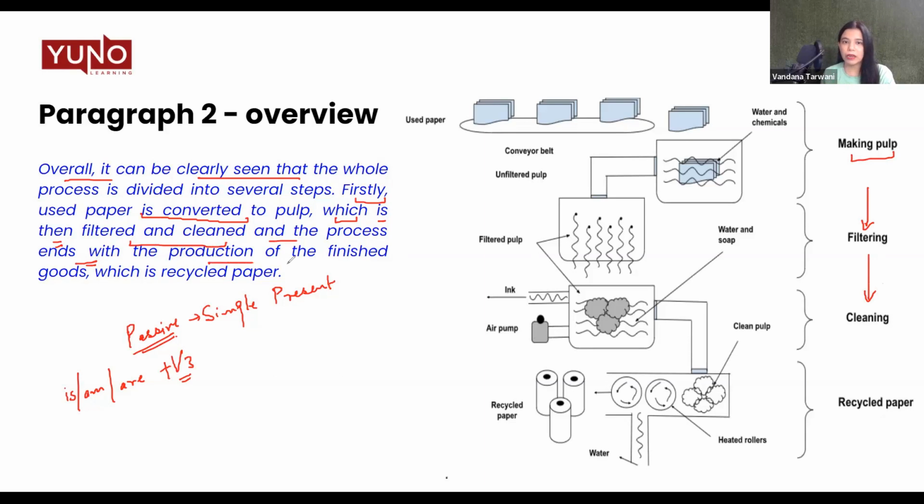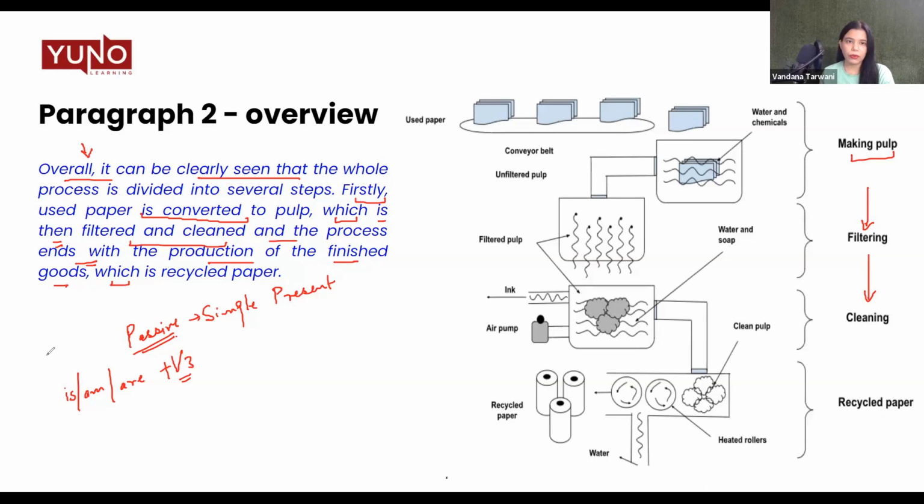It ends with the production of the finished goods, which is recycled paper. So which is again your transition linker. So look at the language that we are using to keep our ideas connected, and look at the grammar. We are using passive voice in simple present tense, and the beginning is absolutely smooth with this kind of phrase. Overall, it can be clearly seen that.